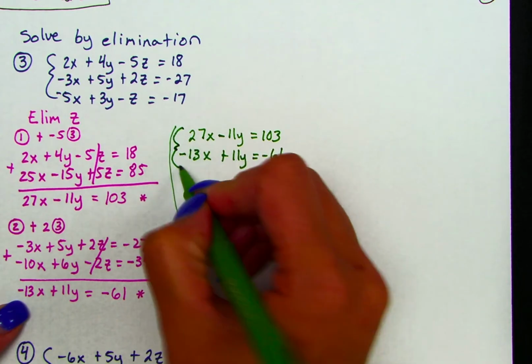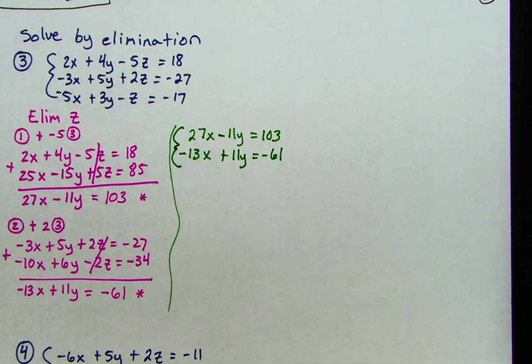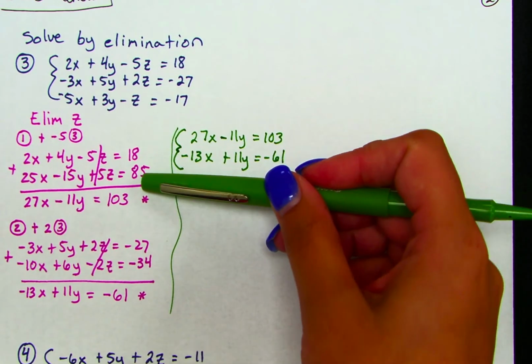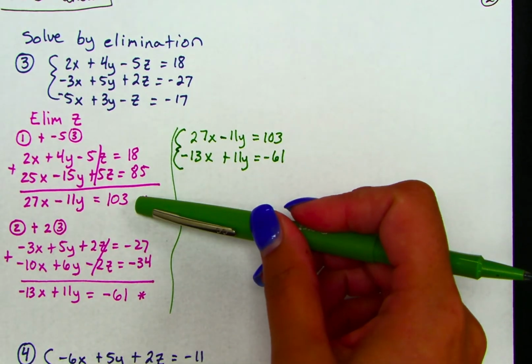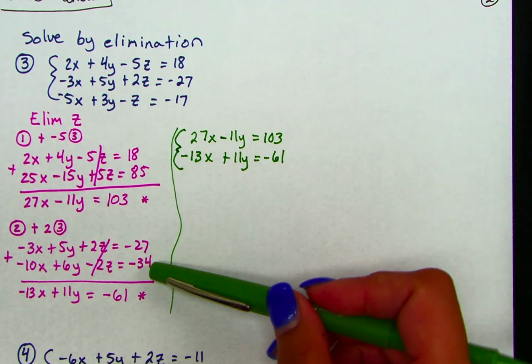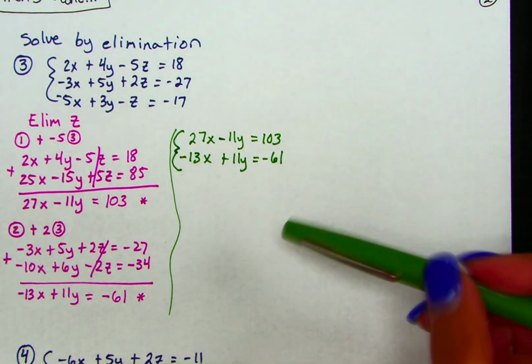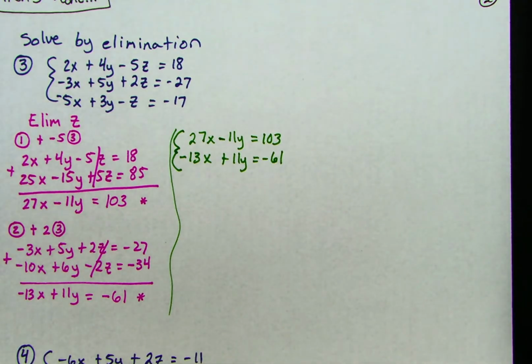So this is that new system that we are solving. Okay. And again, graphically what's happening is we are finding the intersections of these two planes to get this line, and then the intersection of these two planes is this line, and now we're finding the intersection of the two lines to get the point where all three are meeting.